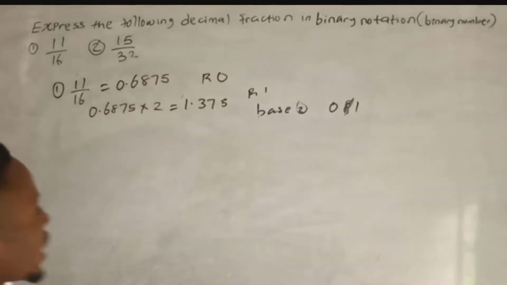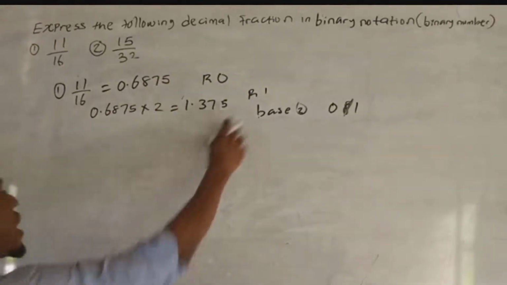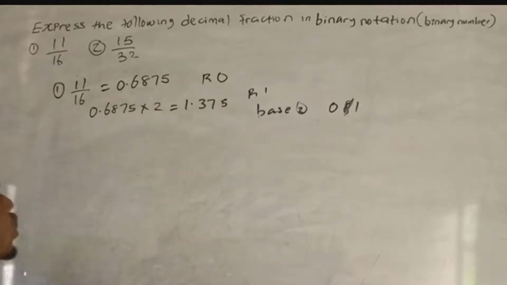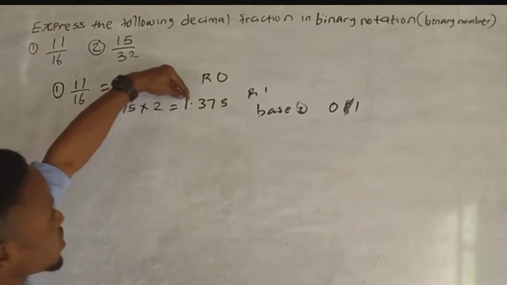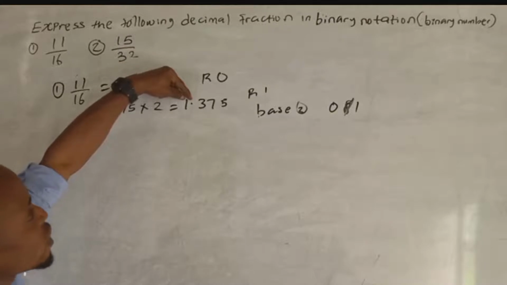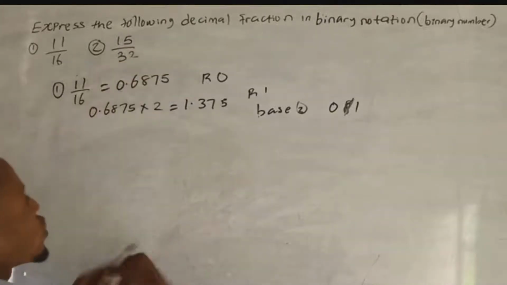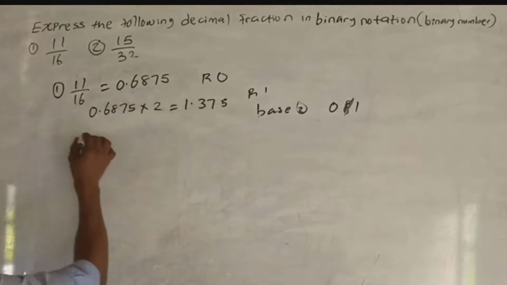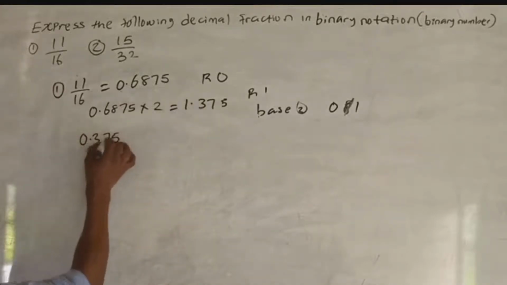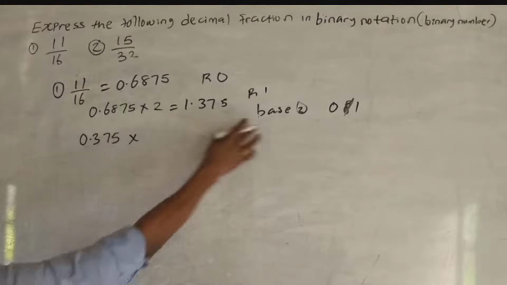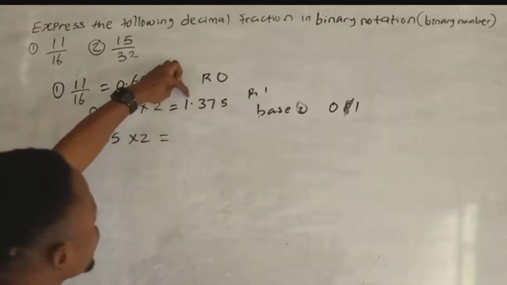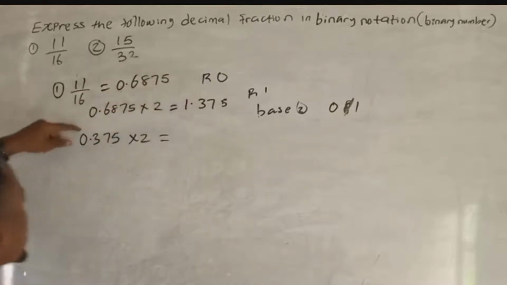So to get the next remainder, here we have 1.375. You omit the whole number 1 and put 0 in its place, so we continue with 0.375 multiplied by the base, 2.